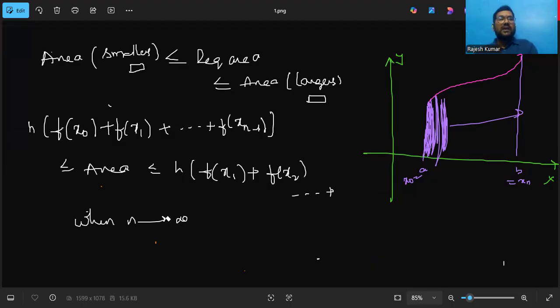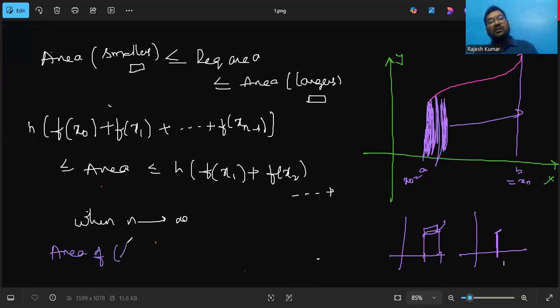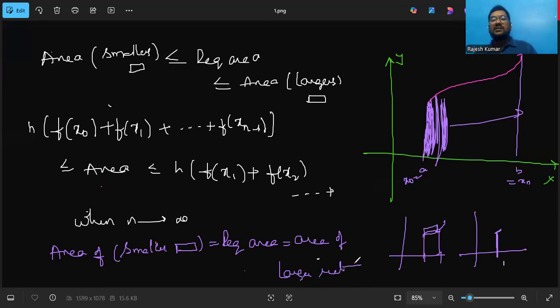That means when I am saying n is tending to infinity, I'm repeating again, when the graph is like this, this much is the width. We said this is the lower rectangle and this is the upper rectangle. When the width is this much, what is the lower rectangle, what is the upper rectangle? We cannot differentiate. That's why when n tends to infinity, the area of smaller rectangles is equal to the required area, which is equal to the area of larger rectangles.